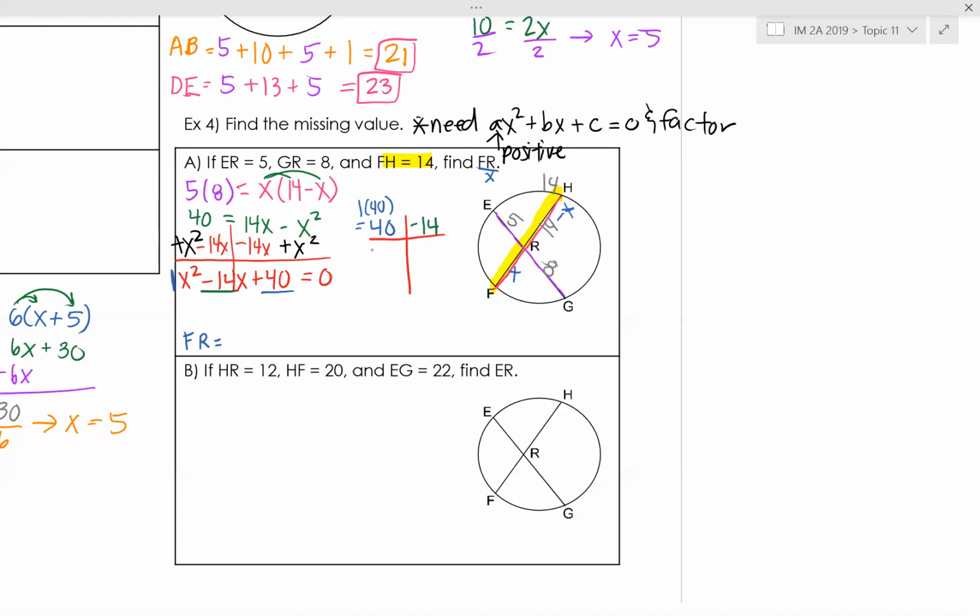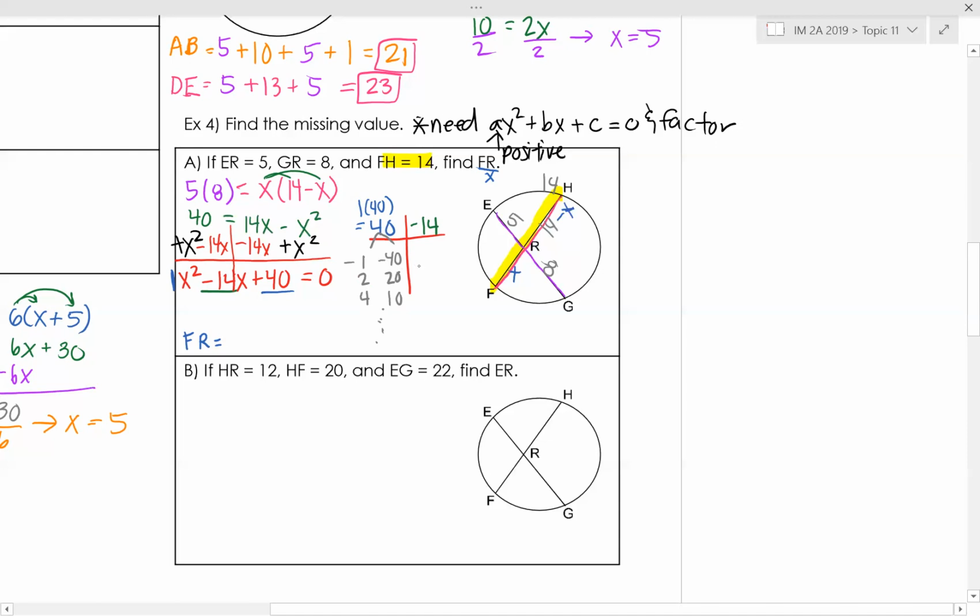So for example, 1 times 40, 2 times 20, 4 times 10, and so on. And I want to find the ones that add to negative 14. Since it's multiplying to a positive and adding to a negative, they both need to be negative.